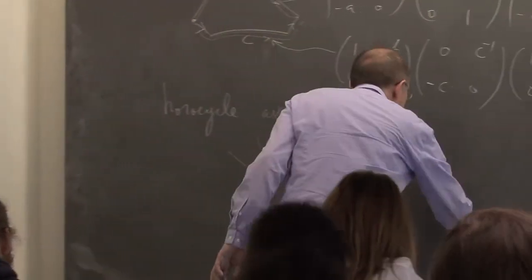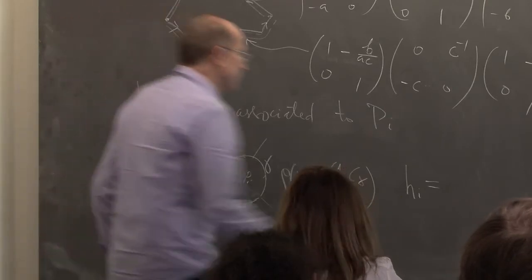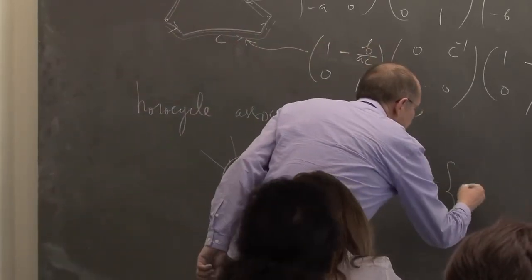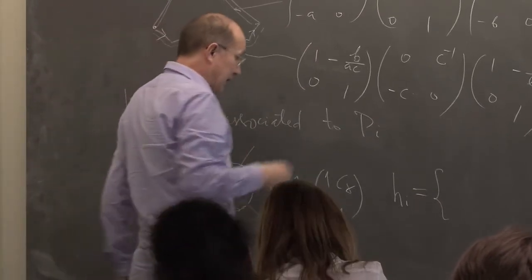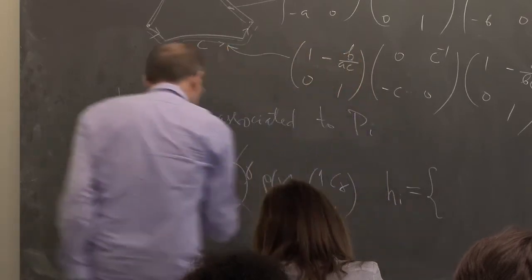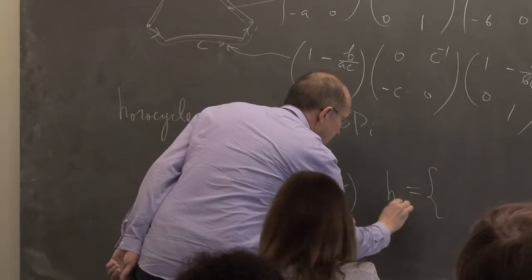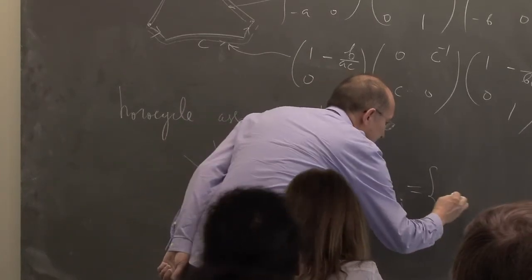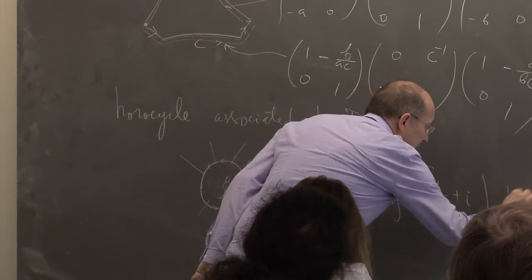And then the horocycle h_i, independently of the value of c_i, is given just by a horizontal line, which is a horocycle at height 1. H_j is given by t plus i, t in the real line.